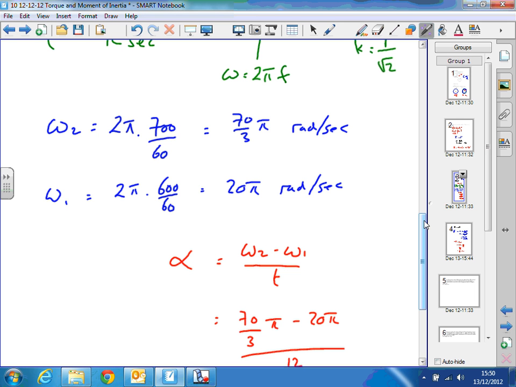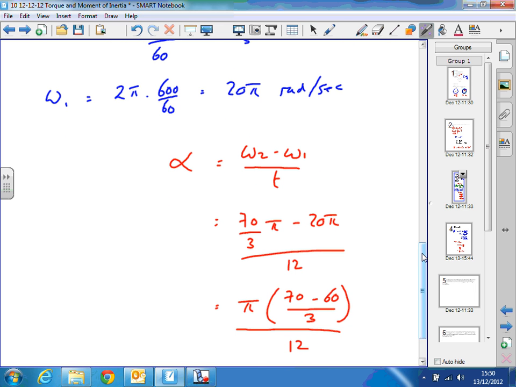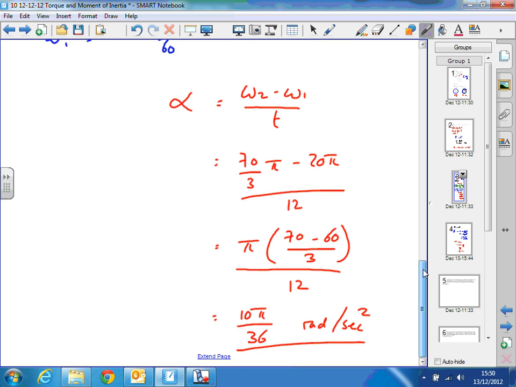Omega 1 is 2 pi times 600 over 60, which turns out to be 20 pi radians per second. So alpha is omega 2 minus omega 1 over 12 seconds. Writing them both in terms of thirds, 20 is 60 over 3. 70 minus 60 gives you 10 pi over 3. 3 times 12 is 36. So I get alpha to be 10 pi over 36 radians per second squared.